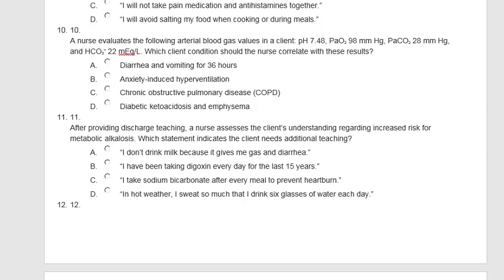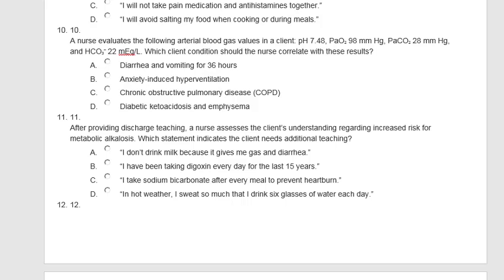Number 11, after providing discharge teaching, the nurse assesses the client's understanding regarding increased risk for metabolic alkalosis. Which statement indicates the client needs additional teaching? So which one of these is false? I don't drink milk because it gives me gas and diarrhea. No, that's probably true. I have been taking digoxin every day for the last 15 years.